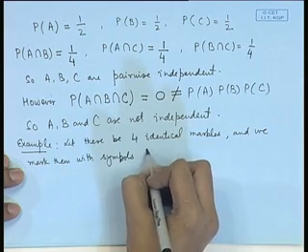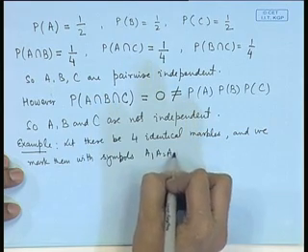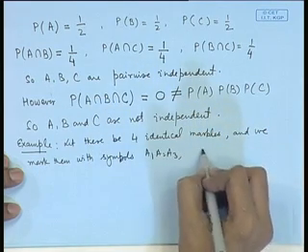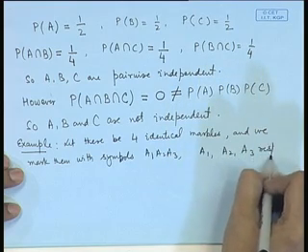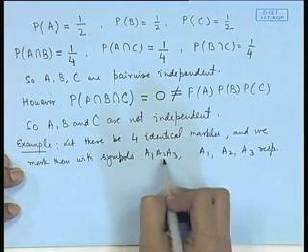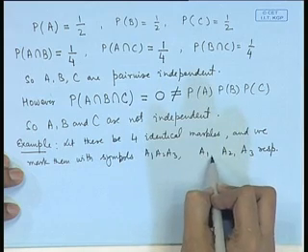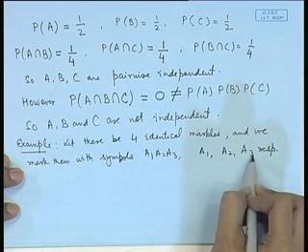That means on the first marble we mark A1, A2, A3, on the second one we put A1, the third one we put A2, and the fourth one we put A3.